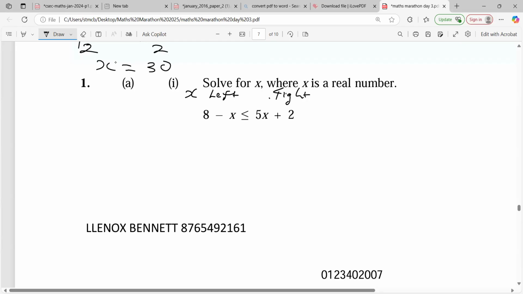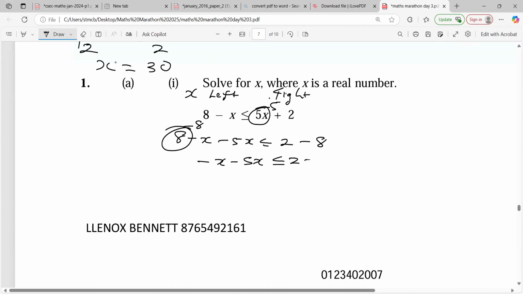So my work would expand that side, the left-hand side. So we have 8 minus x. This is positive 5x, so we have a minus 5x from both sides. When I get rid of this 8, so minus 8 from both sides. We're left with minus x minus 5x less than or equal to 2 minus 8.